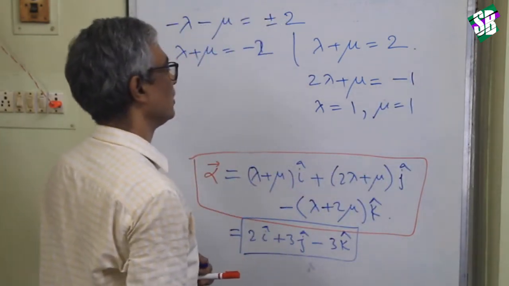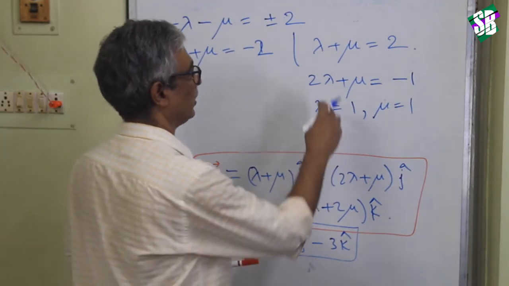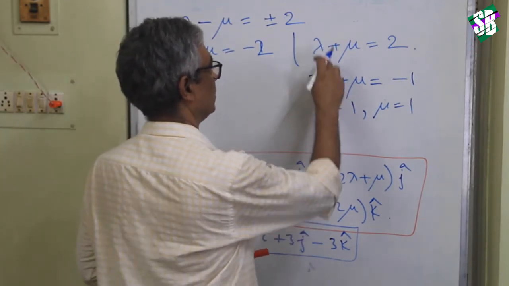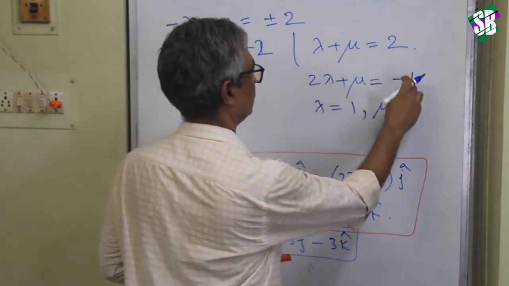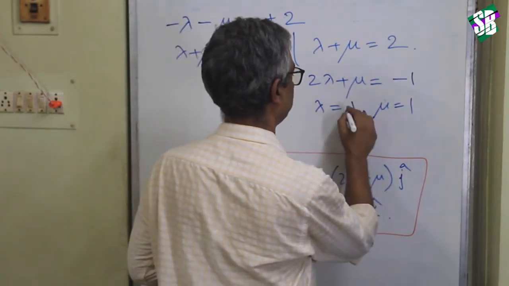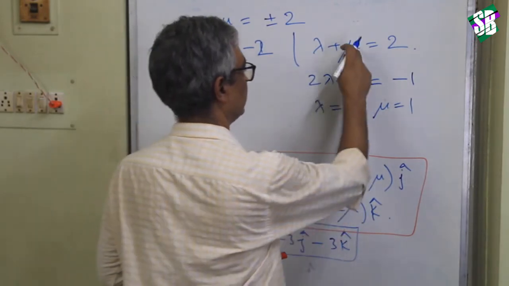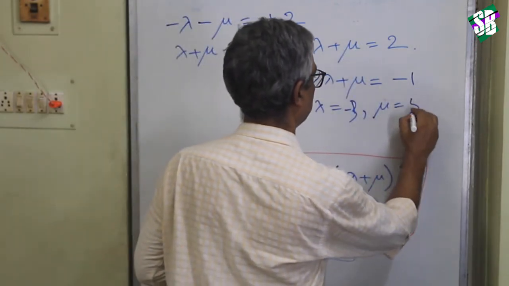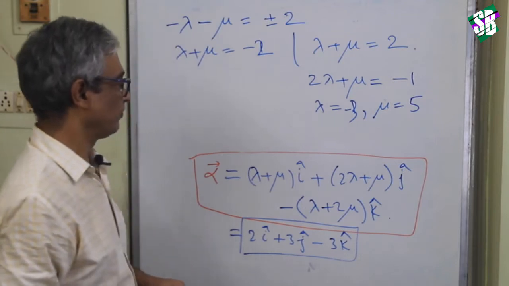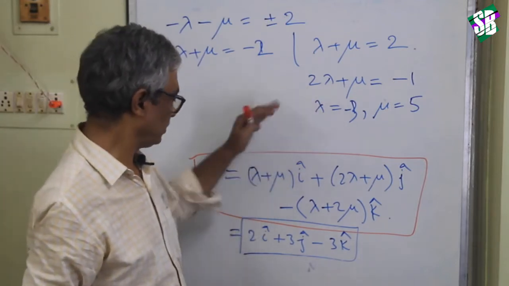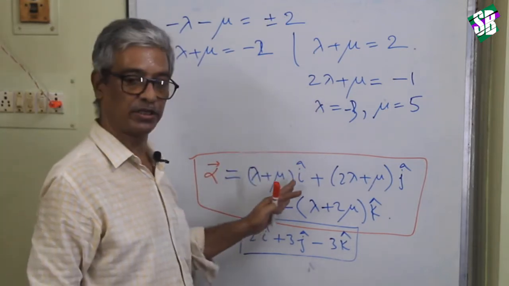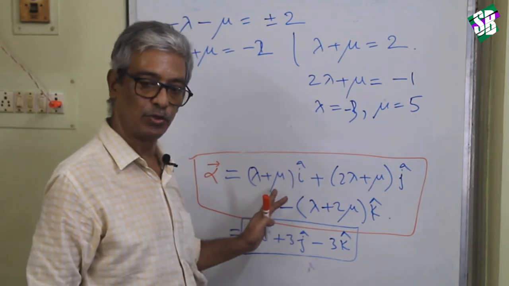If you take this as minus 1 and now subtract, so this is lambda, this minus this is minus 3, and if this is minus 3, then this must be 5. And so the coefficient of i cap is 2.